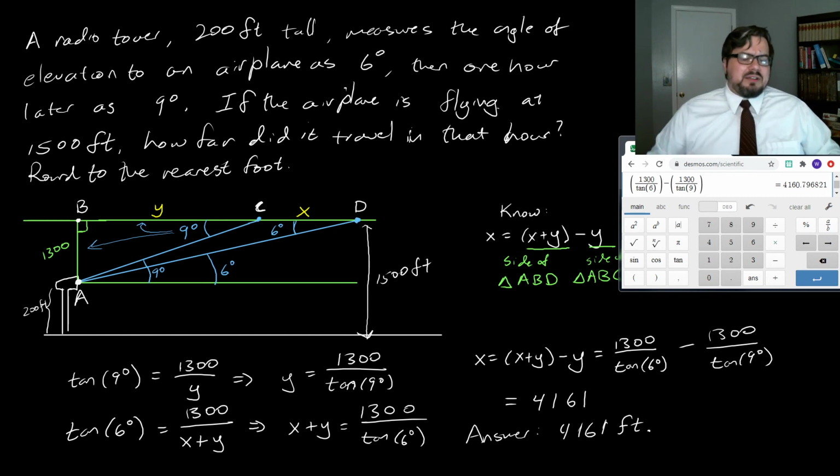So, given what the problem said, if we've done everything correctly, then this answer says that in 1 hour, this airplane traveled 4,161 feet. That's less than a mile. That's about 80% of a mile. So this airplane is supposed to be traveling at less than 1 mile per hour. Clearly, this doesn't make sense.